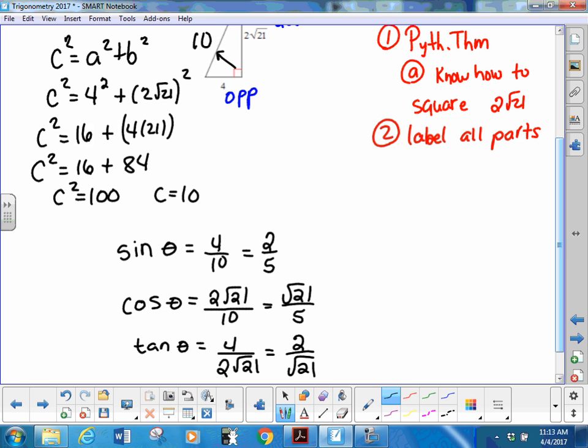Multiply by square root of 21. Beautiful. We want to rationalize. So that pretty much gets my list caught up. Number 3 was know trig ratios, and 4 was, be able to rationalize.